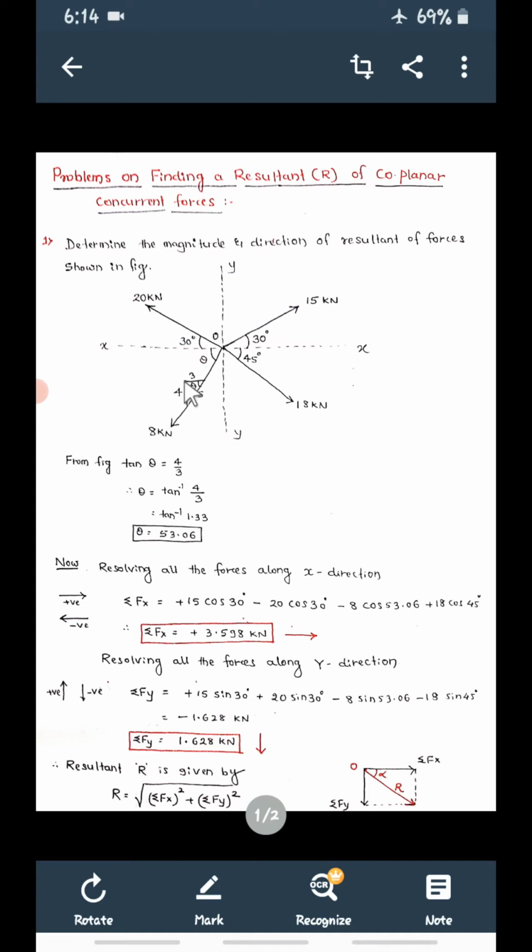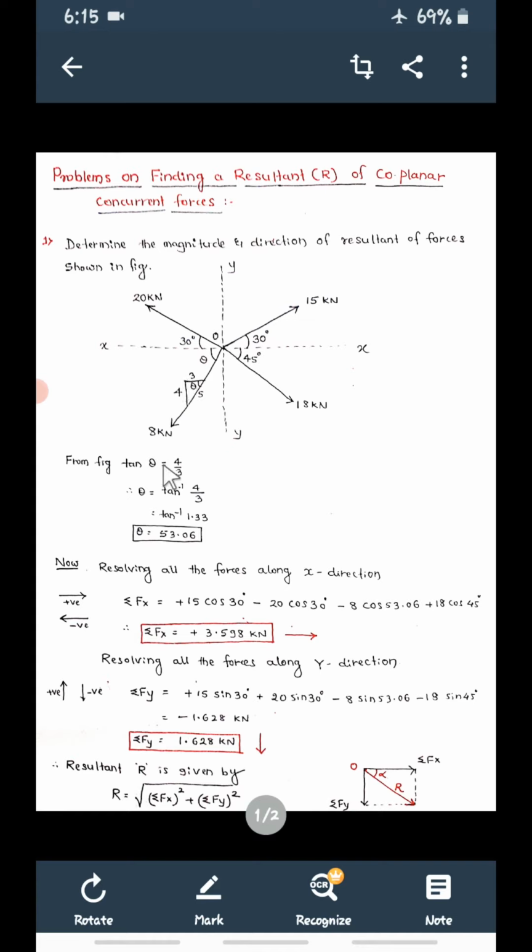From this triangle, this is theta, this is 3 units, 4 units, and this will be 5 units. If I take tan theta, it is opposite upon adjacent, which is 4 divided by 3.